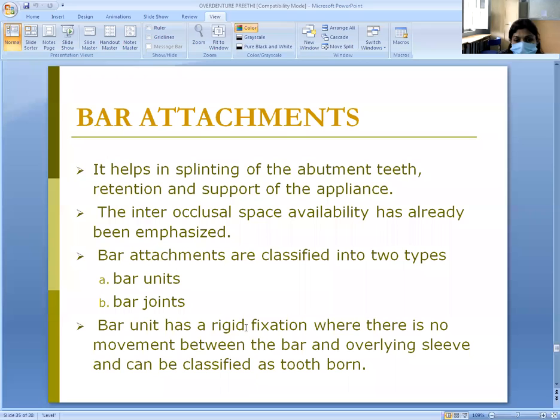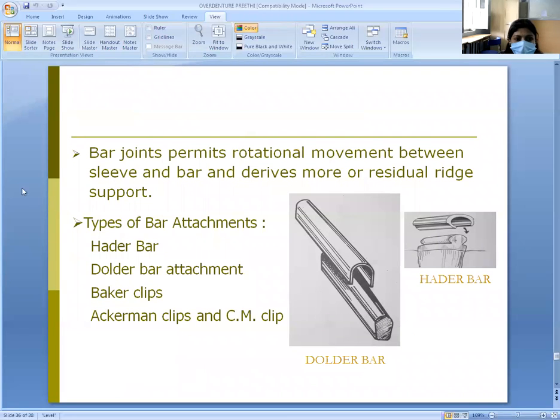A bar unit is a rigid attachment where there is no movement between the bar and overlying sleeve. A bar joint permits rotational movement between the sleeve and bar. The types of bar attachment are Dolder bar, Baker, and Ackermann's clip.